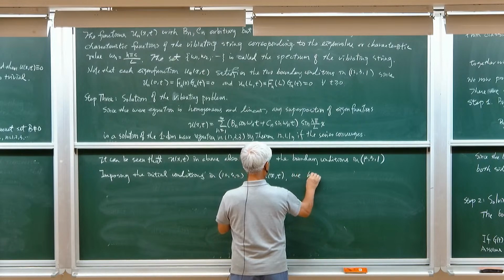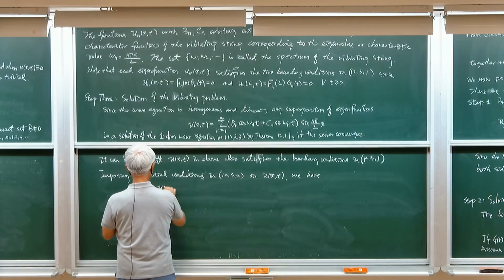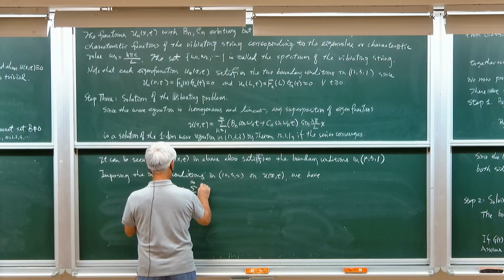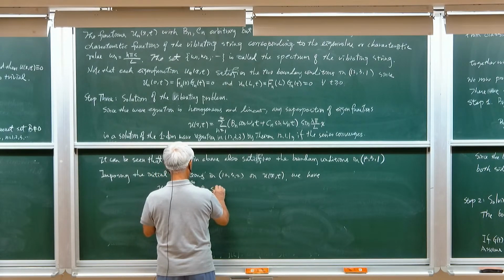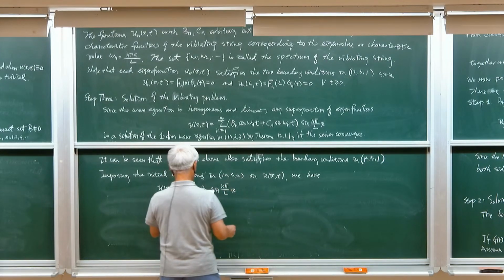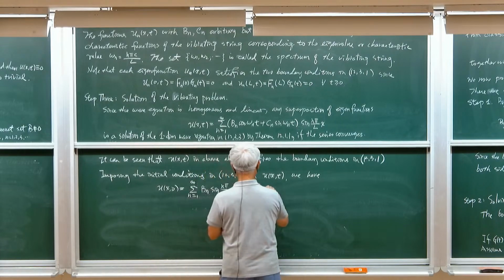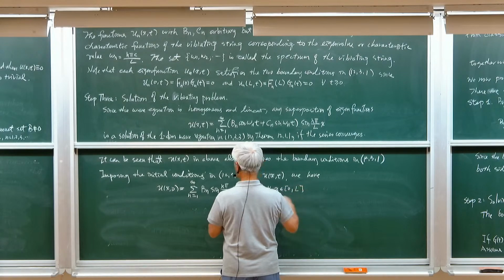So we have that u(x,0), which is the sum of Bn sine(n pi x / L), is equal to f(x) for all x in (0, L).